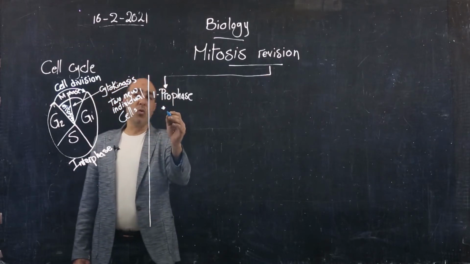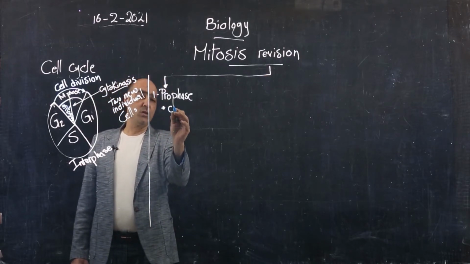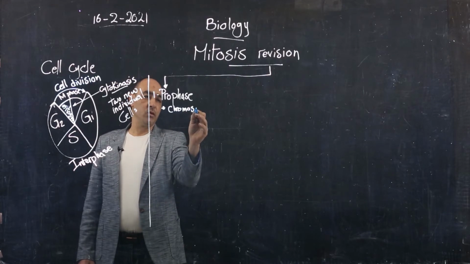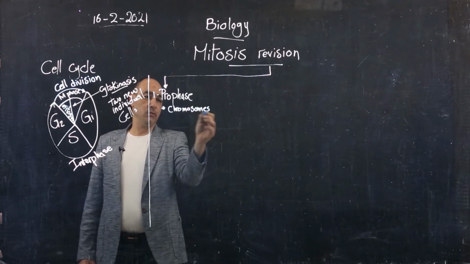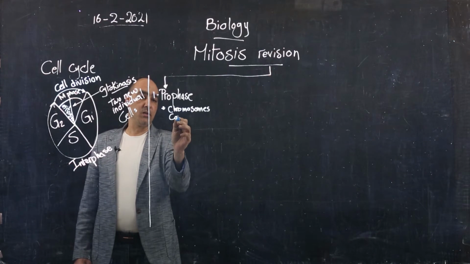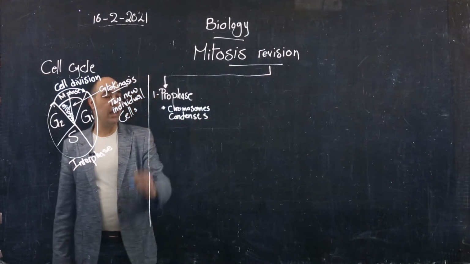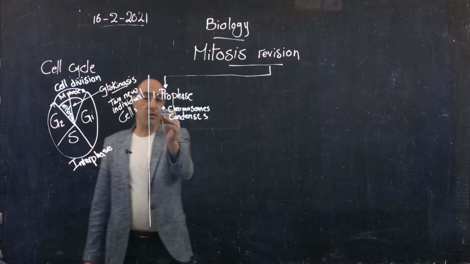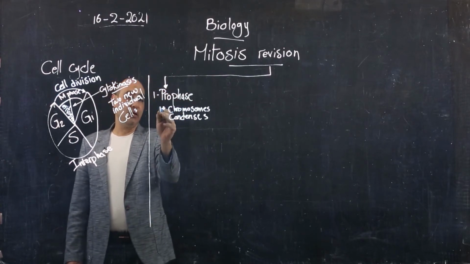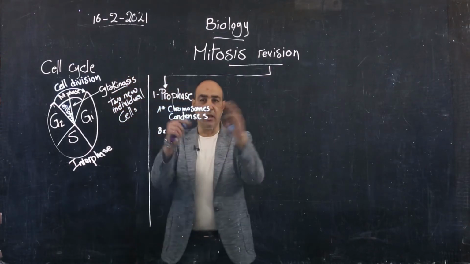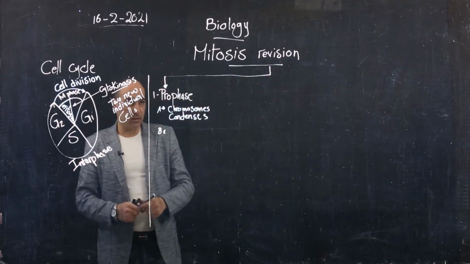You have number 1, the chromosomes will start to condense and appear. This is the first event in the prophase. In the prophase, the second event, the nucleus of the cell will disappear.